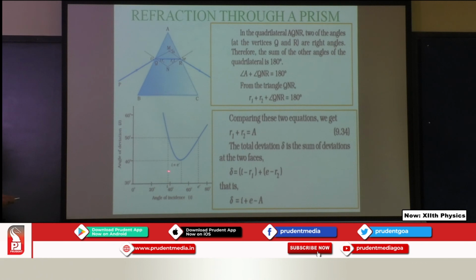And this is called the minimum deviation. At this point, what you can see over here is I equals E. At the minimum deviation point, the angle of incidence is equal to the angle of emergence, and this particular refracted ray is parallel to the base, and because of that I can say R1 is equal to R2.